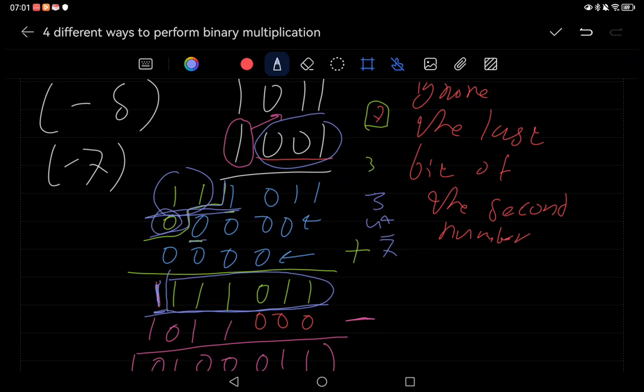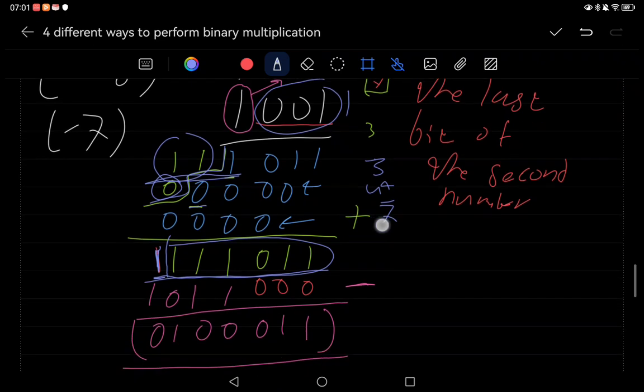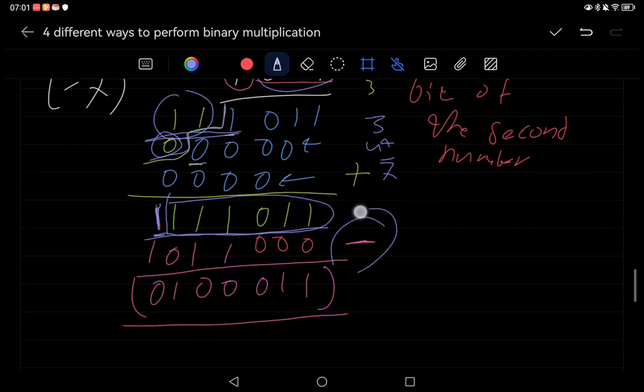If I started with 4, I would add 4 zeros, but this is not our case. So after that, I will multiply the number that I ignored first with the first number here. So 1 multiply with 1, I will just multiply it and write it here. After that, I will perform a subtraction.